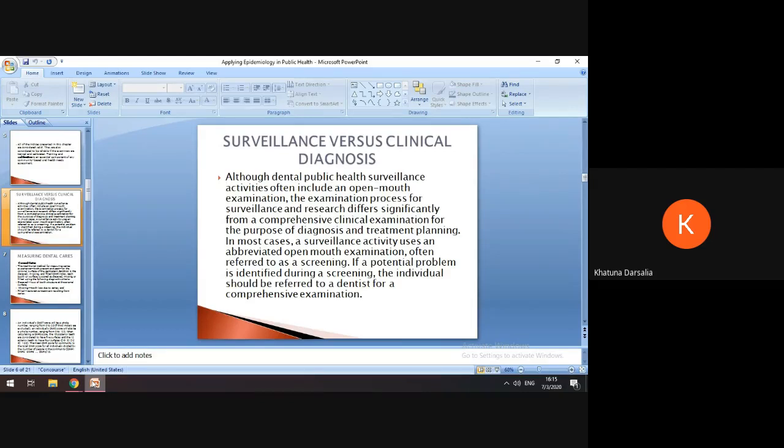A screening examination rarely includes radiographs and often looks at just one disease process, such as dental caries in children or periodontal disease in adults. In addition, most screenings don't include the use of a dental explorer or periodontal probe, and many only use a tongue blade and flashlight.